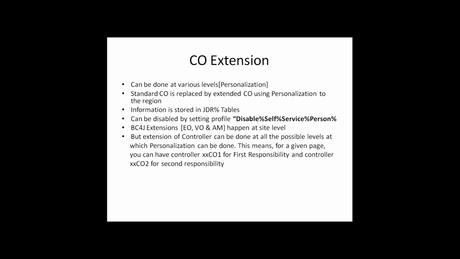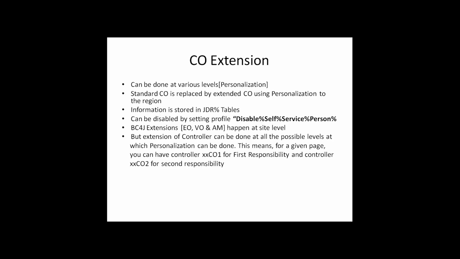The BC4J extensions, like EVO extension, VO extension as well as AM extension, can be done only at site level. The CVO extension can be done at various levels, but the BC4J extensions, which are based on a substitution concept, are done only at site level.